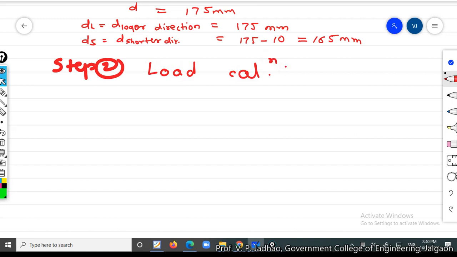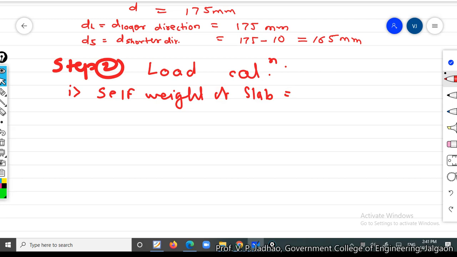Now we know that first is the self weight of slab. The weight density of concrete is 25 kilonewton per cubic meter and the thickness of the slab is 0.2.